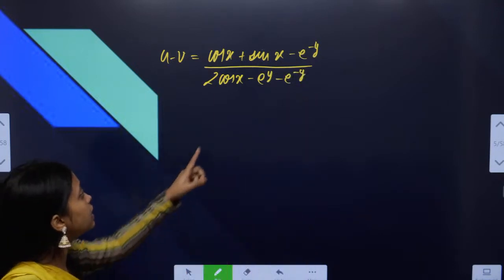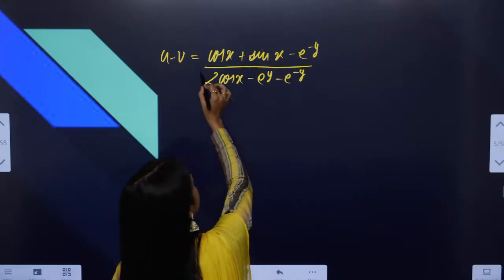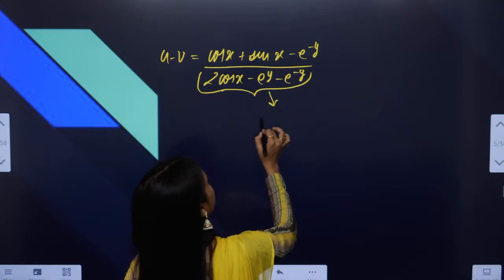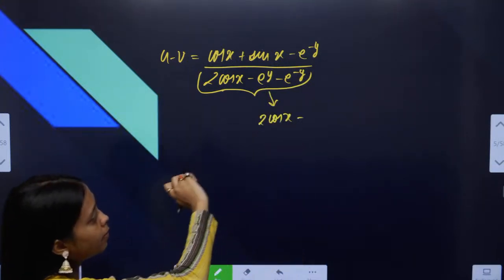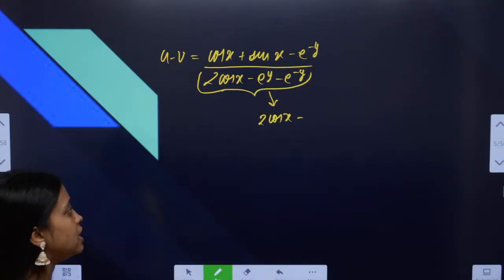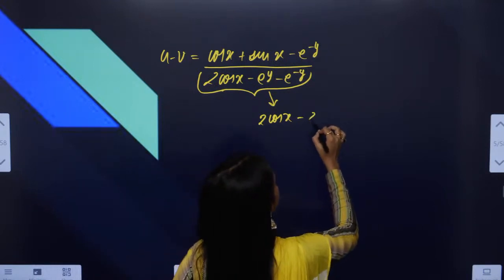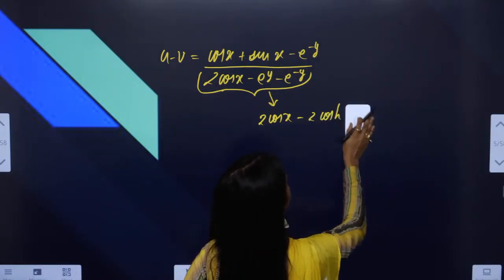What I am saying is, just take that minus common out. I am just writing the denominator here. Denominator will be reduced to 2 cos x. If you take minus common out, e raised to the power y minus e raised to the power minus y divided by 2, multiplied by 2, so it becomes 2 times cos hyperbolic y.